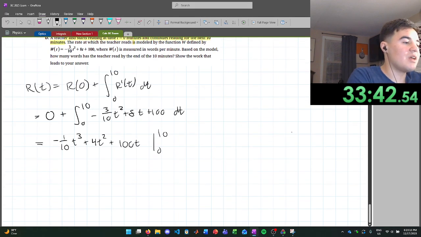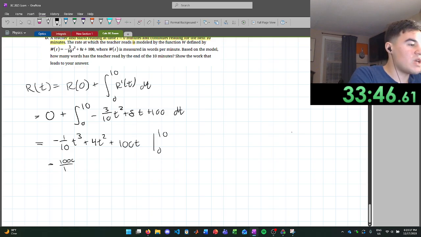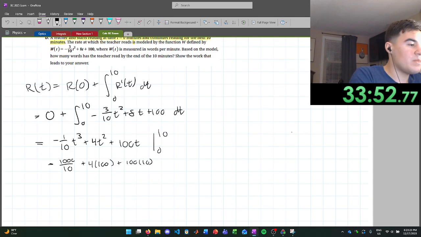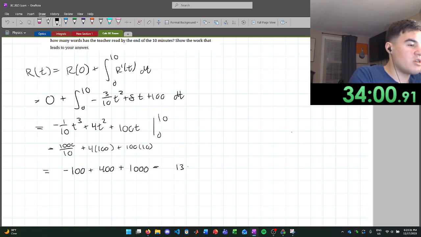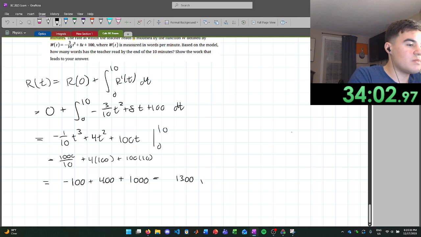Plugging in a 10, we end up with negative 1000 over 10 plus 4 times 100 plus 100 times 10, which is equal to negative 100 plus 400 plus 1000, which is equal to 1300. And that's going to be words.